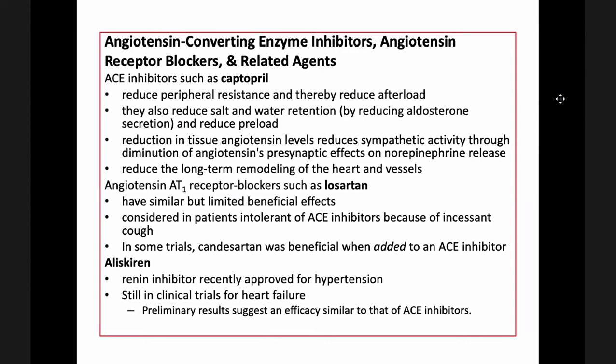Your AT1 receptor blockers like your losartan have similar but limited beneficial effects. So they are only considered in patients who are intolerant to ACE inhibitors because of incessant coughing. So this is one of the side effects of your ACE inhibitor, the cough. So in some trials, candesartan was beneficial when added to an ACE inhibitor.